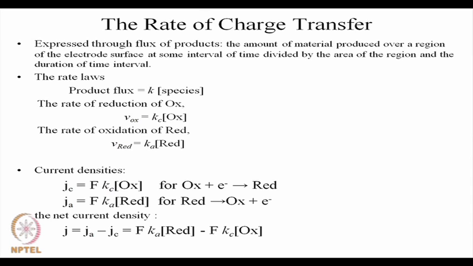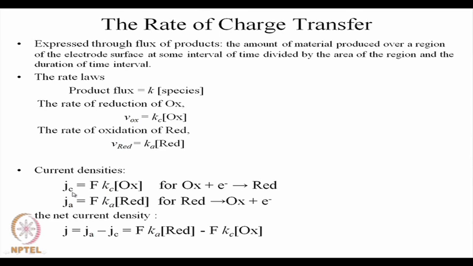Then what is the net current density? So, net current density is the difference between anodic and cathodic current, which is equal to F into Ka red minus F into Kc ox. So, rate law says that the product flux is K into species concentration, and for the respective process, whether it is reduction or oxidation, we have to write the respective expression, that is V ox is this, V red is this.